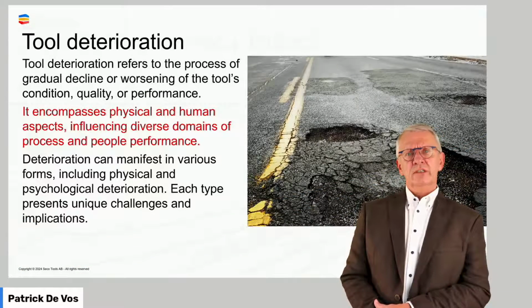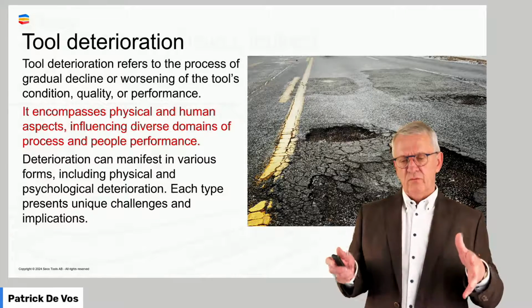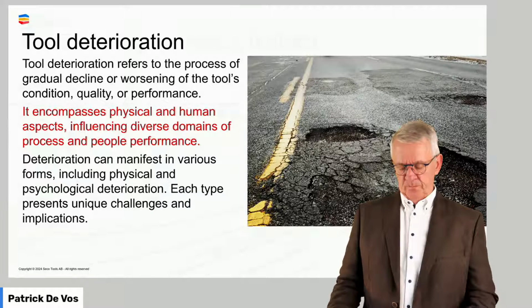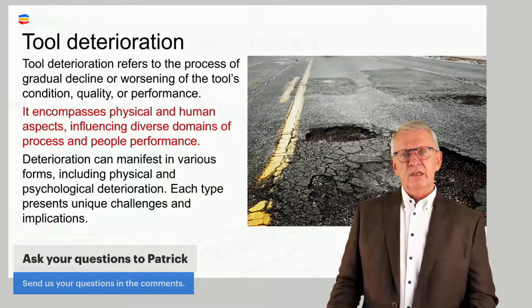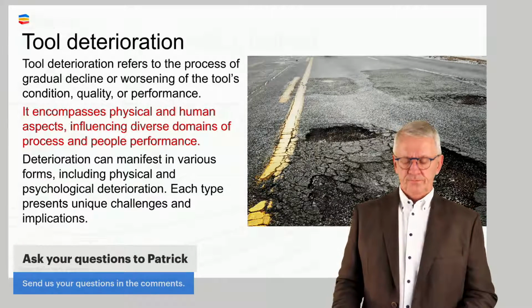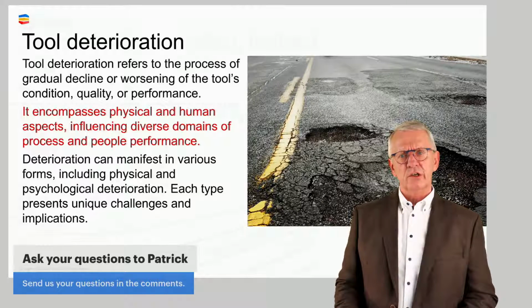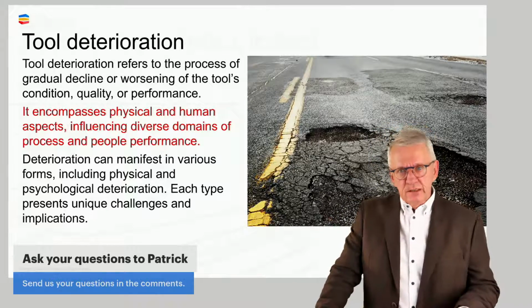Let me start with tool deterioration. It's a term I always use because I think it's important to widen the notion of wear. Tool deterioration is a phenomenon meaning that something is losing the ability to perform in line with expectations. And important is to realize when we talk about a cutting tool, a machining process, that deterioration can be a physical thing.